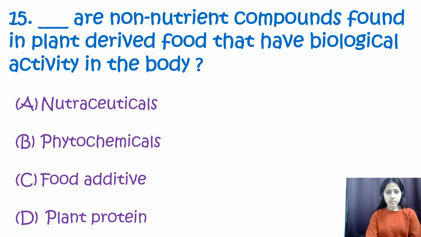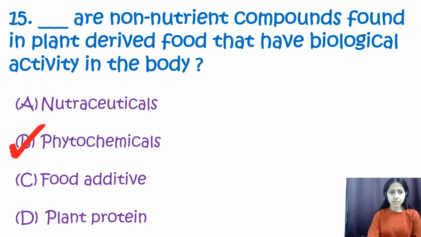So next, question number 15. What are non-nutrient compounds found in plant-derived foods that have biological activity in the body? Option A nutraceuticals, option B phytochemicals, option C food additives, and option D plant proteins. So the correct answer is option number B, that is phytochemicals.